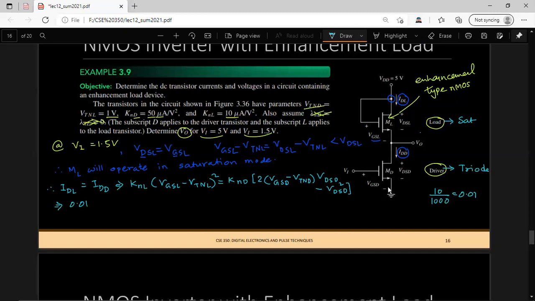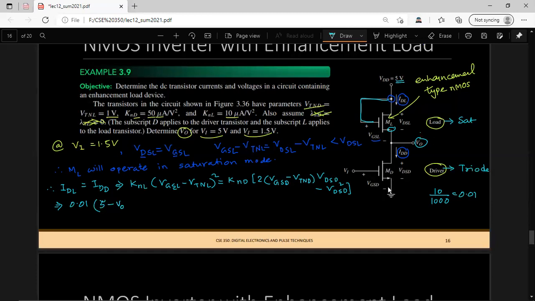VGS, the gate voltage, gate is now connected to the 5 volt here, or drain, so we can write 5, but we don't know the source here because the source terminal is connected to the output voltage, so we need to be careful about the source terminal here. So now the source is V0.